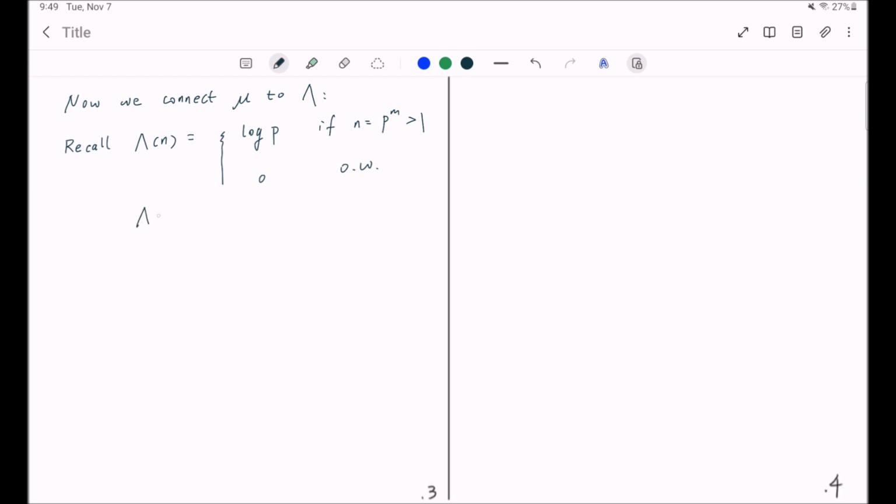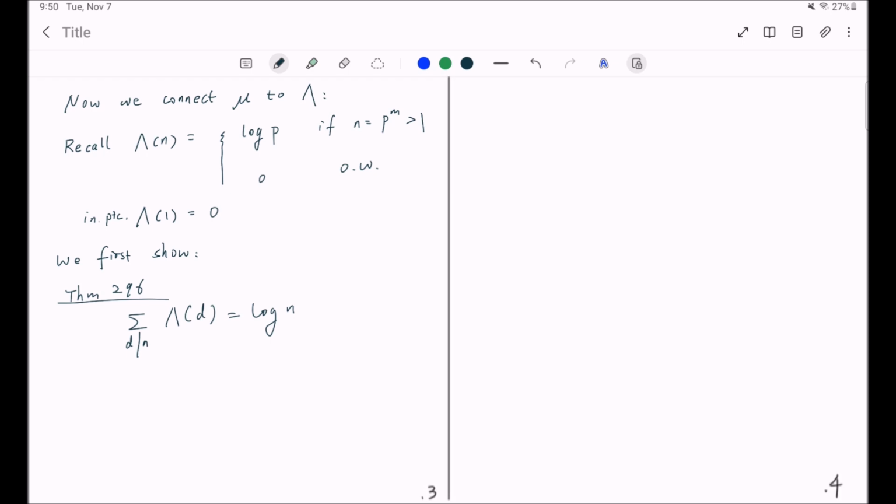Remember, in particular, lambda of 1 is equal to 0. The first formula we're going to show about lambda is the following. If you sum up lambda of d for d divides n, you will get precisely log of n. You can easily imagine the reason we want to show this is that we want to connect this to the Mobius inversion formula.